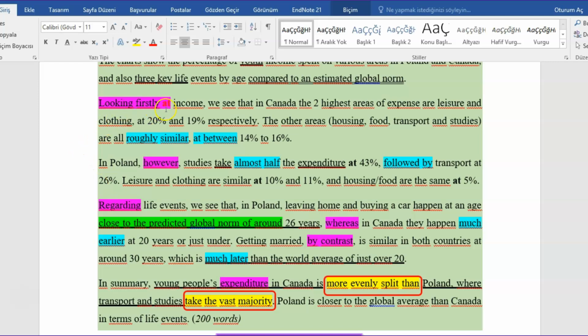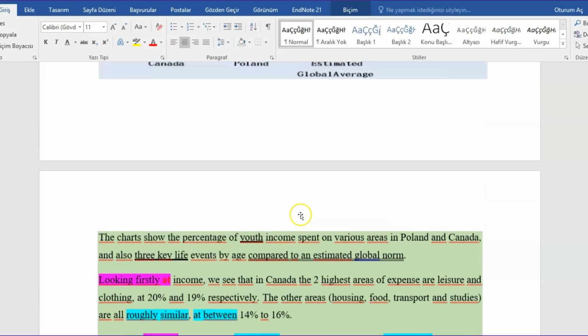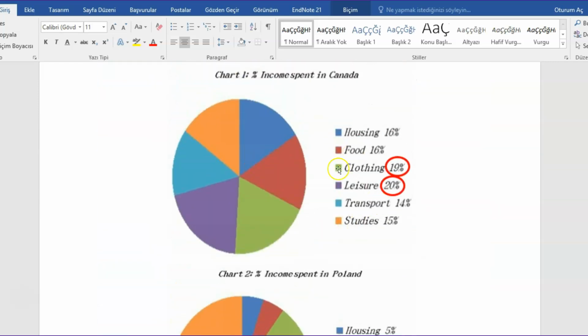Pay attention to this, that I'm writing with academic phrases. Okay, looking firstly at income, we see that in Canada, the two highest areas of expense are leisure and clothing at 20% and 19% respectively.